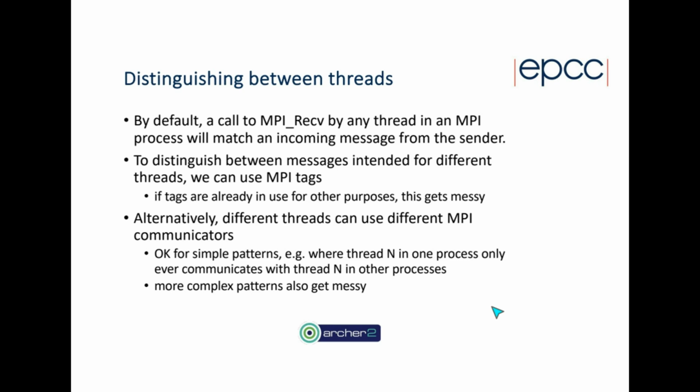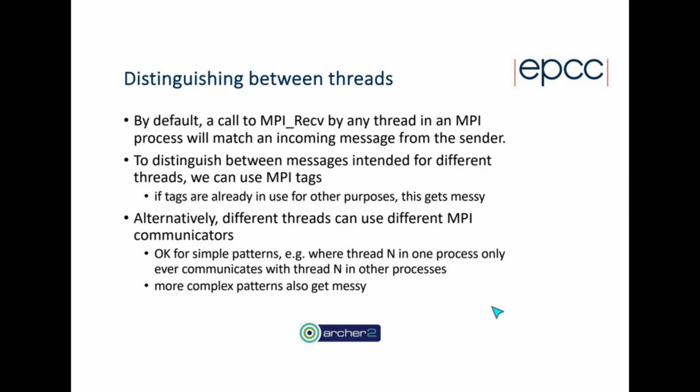MPI will also do matching in order. So the first receive call will match the first send that happened on the other side. But nevertheless, we still need to be able to distinguish between different threads to make sure that the messages end up on the right thread.